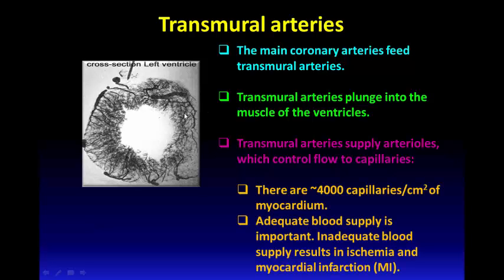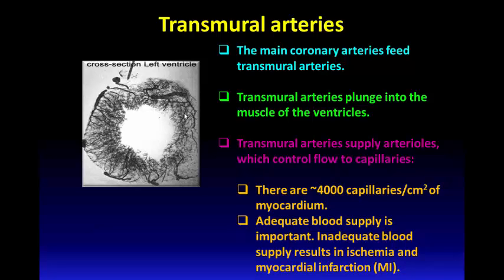There are approximately 4,000 capillaries per cubic centimeter of myocardium. In fact, each myocardial fiber, each myocyte, has one capillary. The ratio of the myocytes to the blood capillaries is 1:1. So this is because adequate blood supply to the myocardium is important.